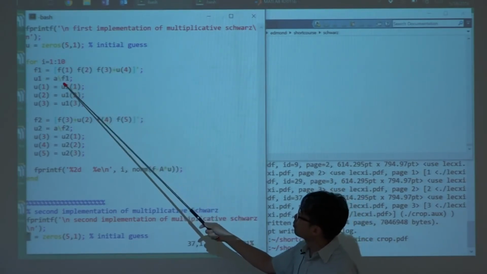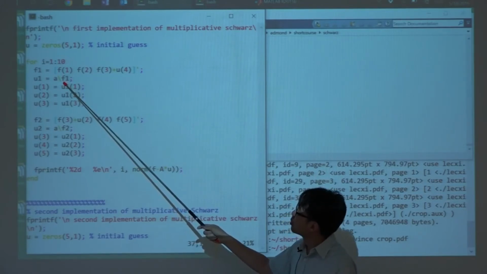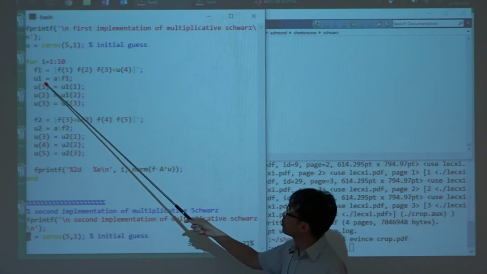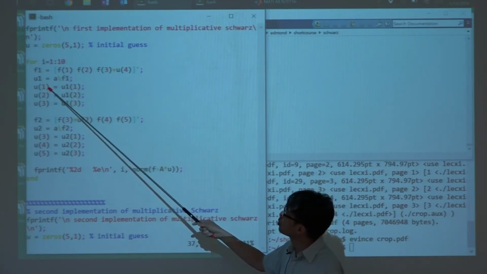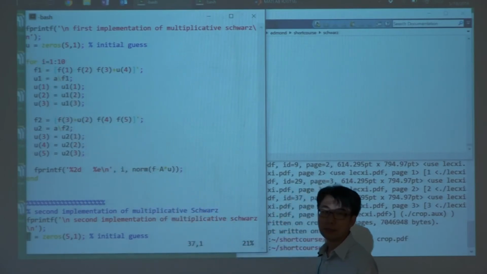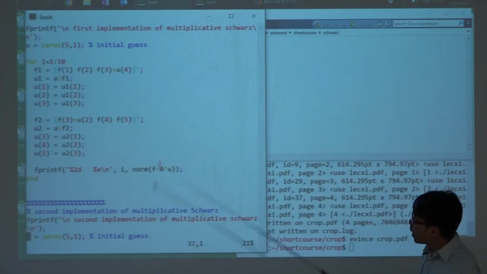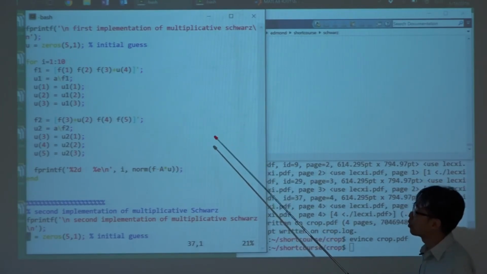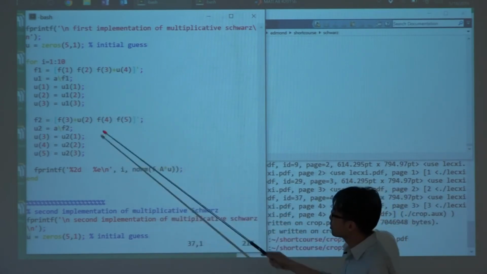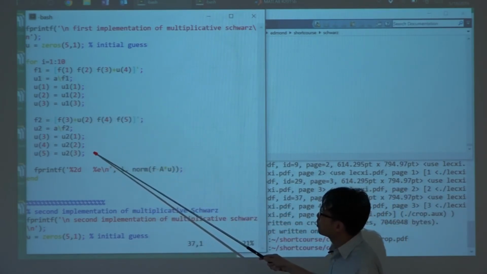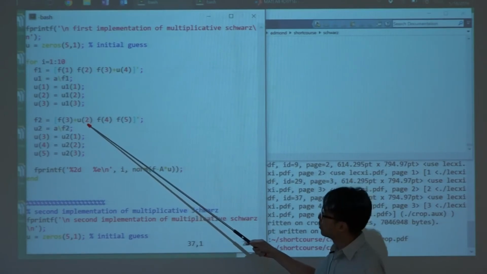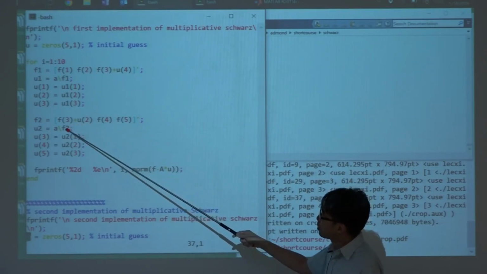And then I'm going to solve this local problem, and I'm going to immediately write the result into the global solution U. Okay, so that's the solution on the first subproblem. It's exactly the equations that I wrote down on the board. So you can compare what we wrote on the board to these equations. And then this is the second half, right? So this is the boundary value at 2 incorporated into the right-hand side, right? And then solve the second problem.